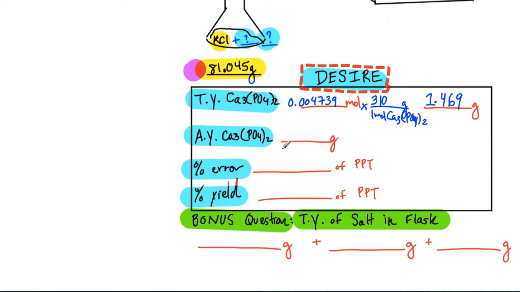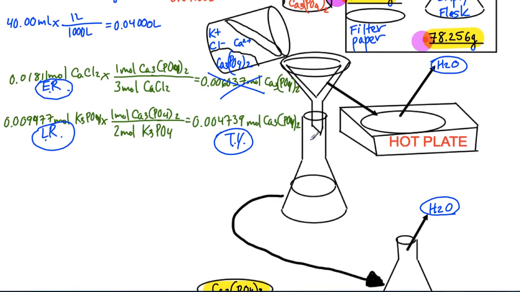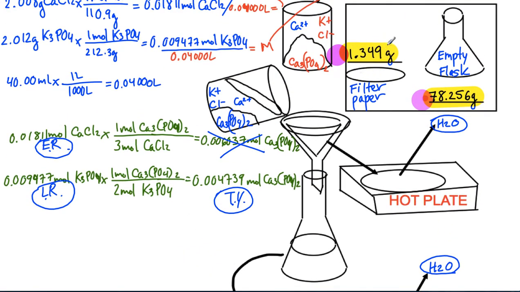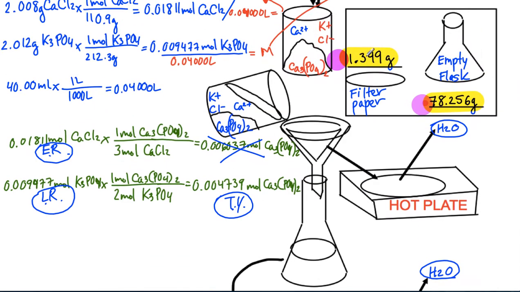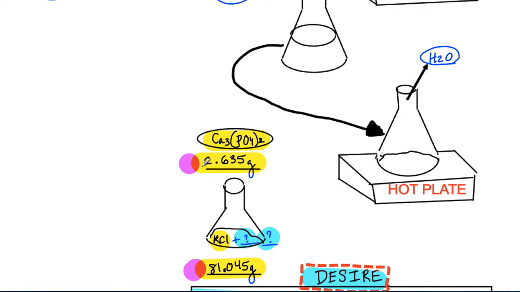Like so. Okay, so you're getting close to filling all this in. Now, what is the actual yield? Well, that is a simple subtraction. That's the mass here of your filter paper, the original filter paper, 1.349 grams, and the mass here, which is 2.365. So minus 1.349 grams, and that will give you, this is the paper plus the salt. Salt plus paper.